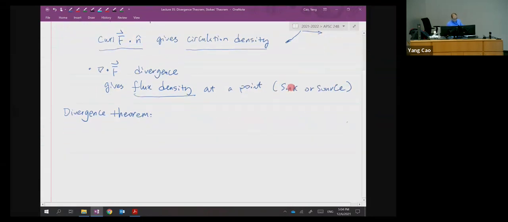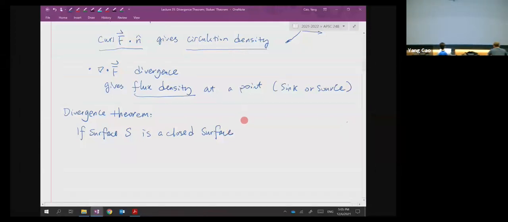Let me write down the definition first, and then let's interpret together what the divergence theorem is all about. If you have a surface S, and it's a closed surface, so it's not just an open surface, it's a closed surface like a spherical surface, and it must be bounding a certain 3D region.